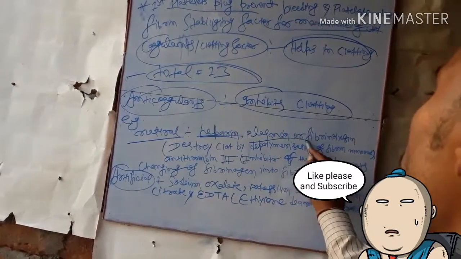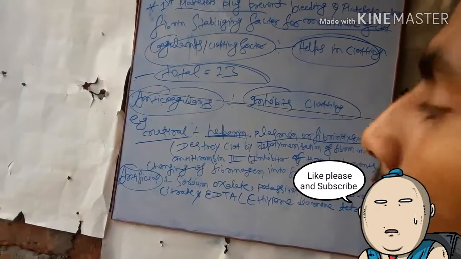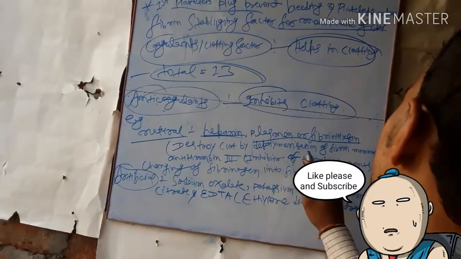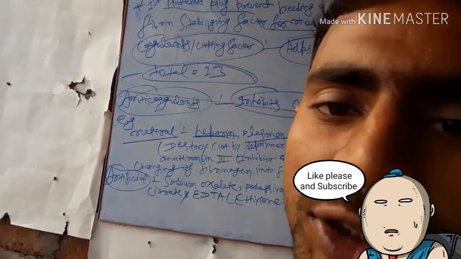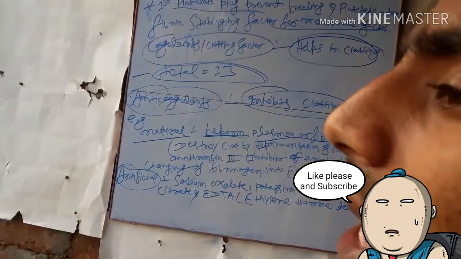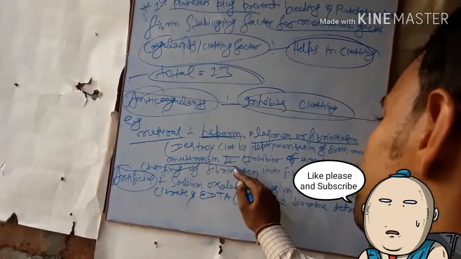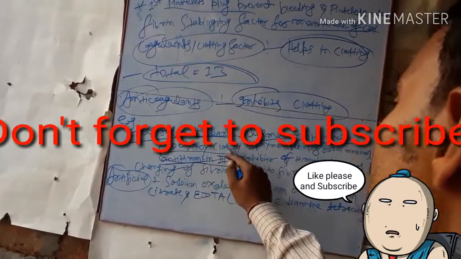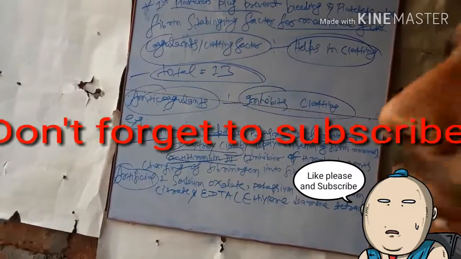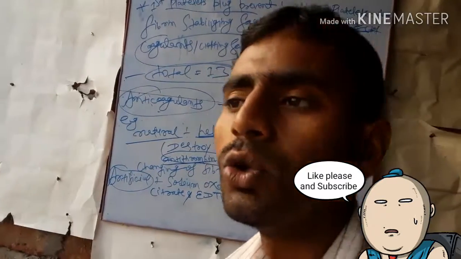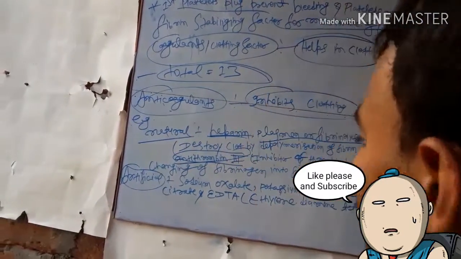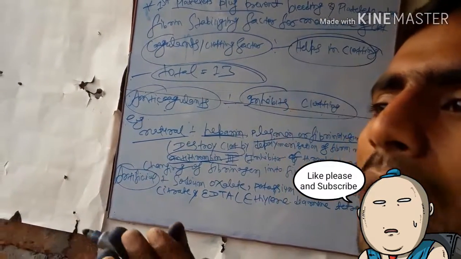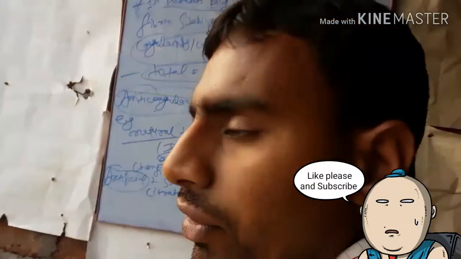Second is plasmin or fibrinolysin, which destroys the clot by depolymerization of fibrin monomers. Third is antithrombin III, an inhibitor of thrombin that prevents the changing of fibrinogen into fibrin.